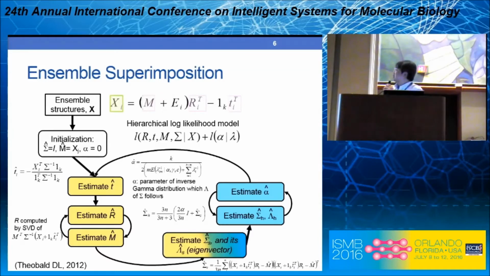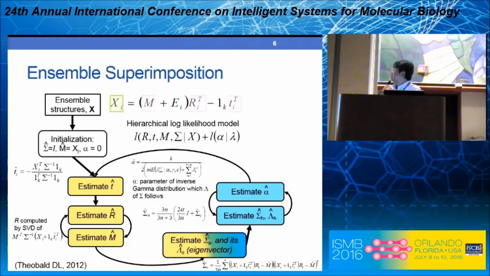To do that, first I assume that sigma is a covariance matrix which describes how the structures in the ensemble deviate from each other. But first I assume that the covariance is 0, an identity matrix, which means that all the structures are identical, there's no variation at all. And I also assume that one of the structures is equal to the mean structure, just as a starting structure.